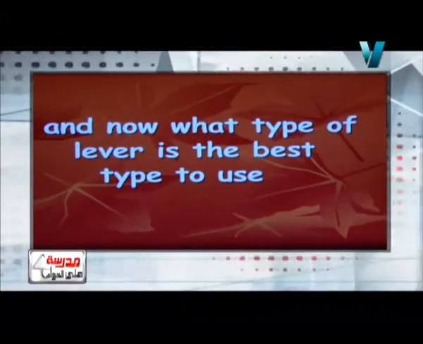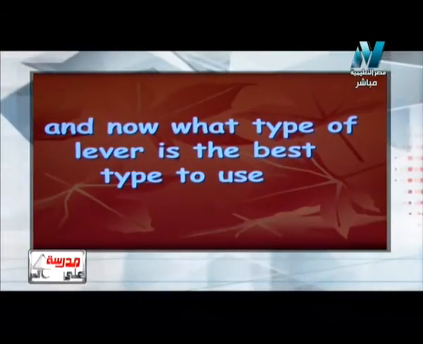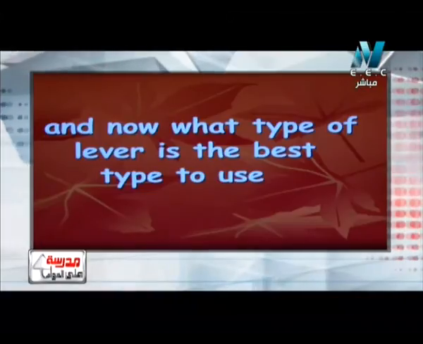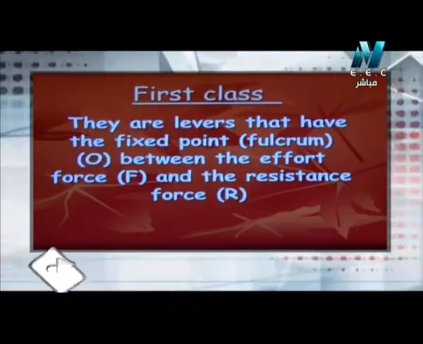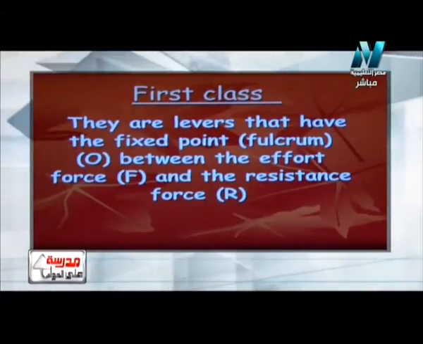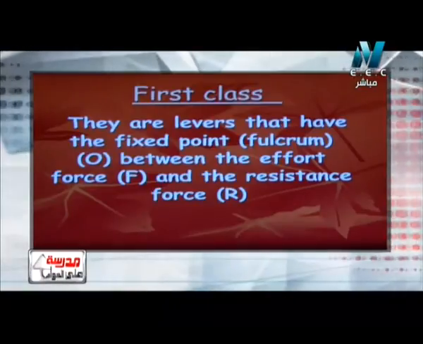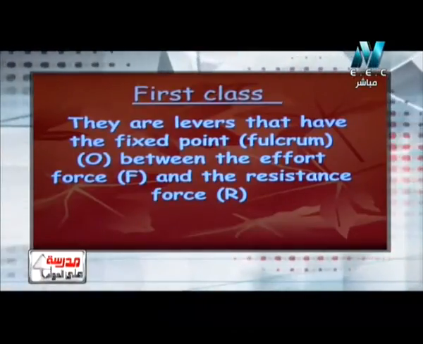So now what type of lever is the best type? ايه هو احسن نوع من الليفر؟ We have studied first class, second class, third class. Surely it will be the second class because in the first class lever I can find the effort force arm may be equal or longer or shorter than the resistance arm.